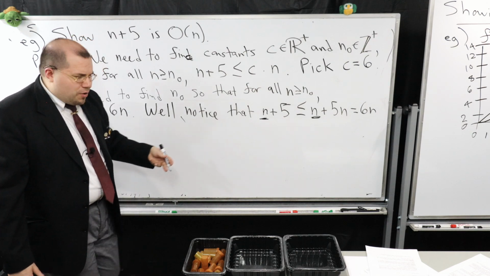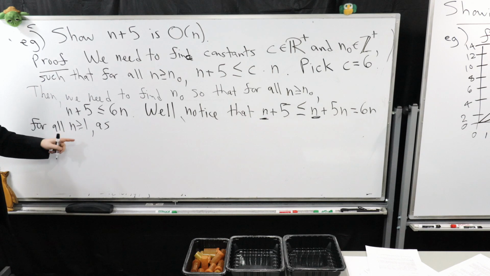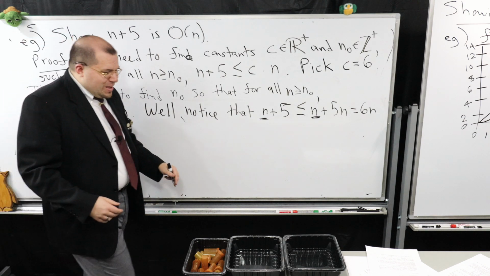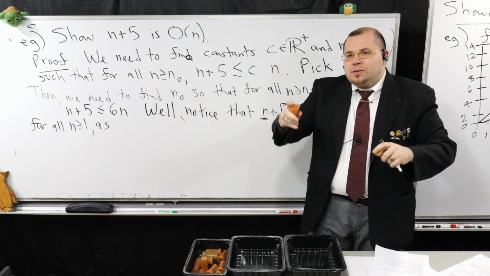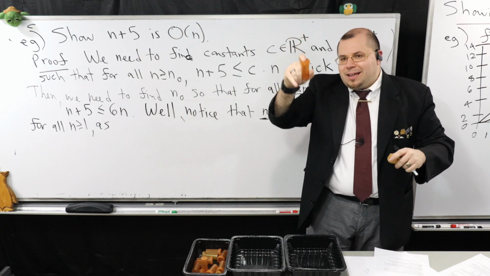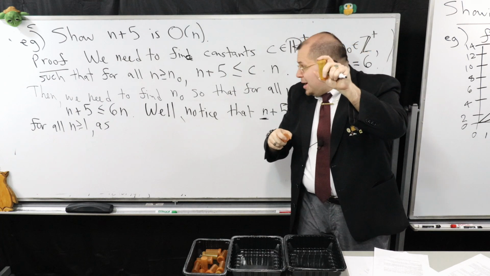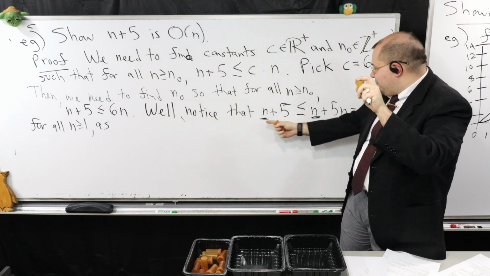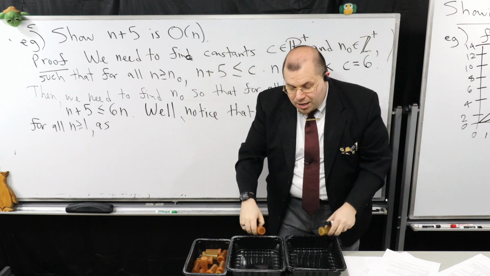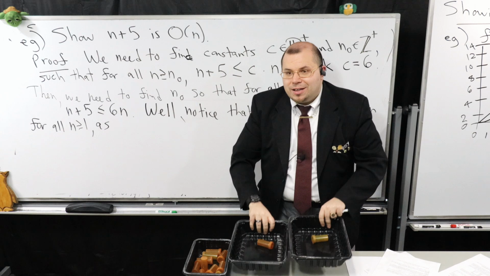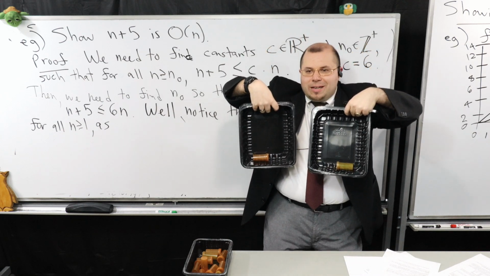And that has to be true for all n greater or equal to 1, because they're just equal to each other. So I want you to imagine that I have a term of n here, and this other one is a term that is my n over here. So I have two n's, one on the left-hand side, one on the right-hand side. I'm going to put them into my buckets over here. So I have an n term in each one.